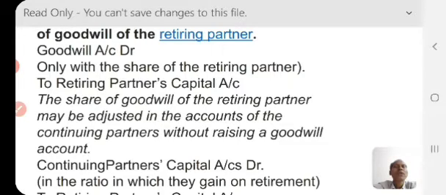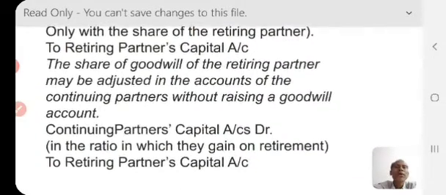So goodwill account debit to retiring partner's capital account. Again, continuing partners' capital accounts debit to retiring partner's capital account. Now, the share of the goodwill of the retiring partner is borne by the continuing partners.